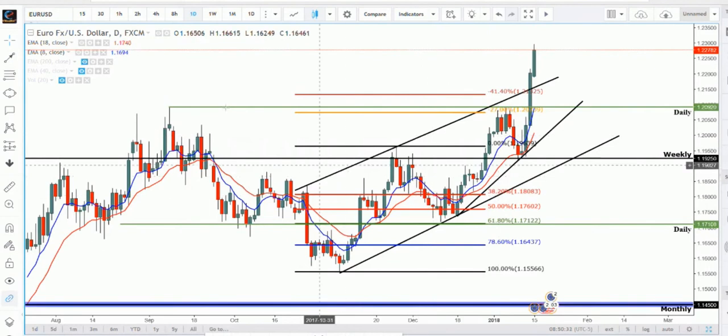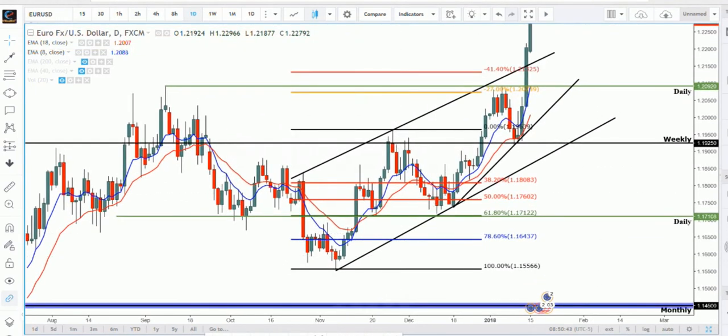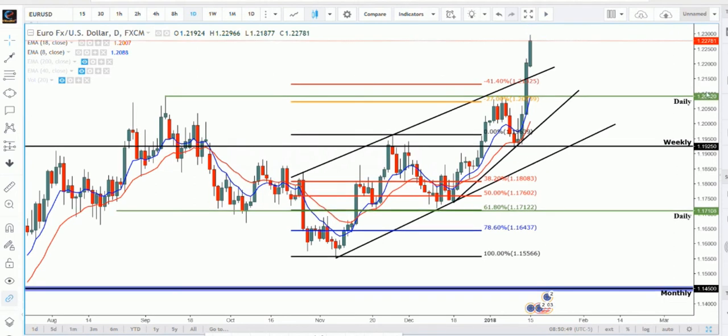So from this point right here, we're talking about the 127 and how we're going to use the 127 as a target really well. And then after this explanation, I'm going to give out one more trade to look out for. From this swing low to this swing high, this is your A point, your starting point.